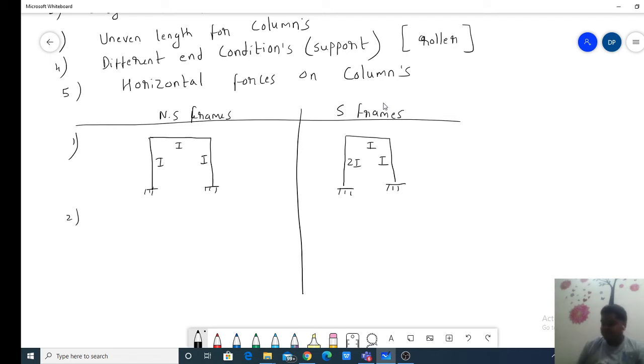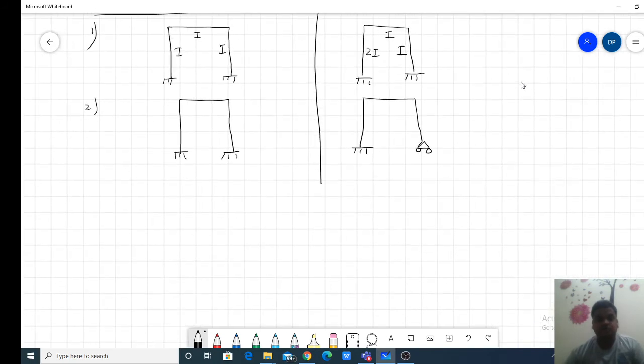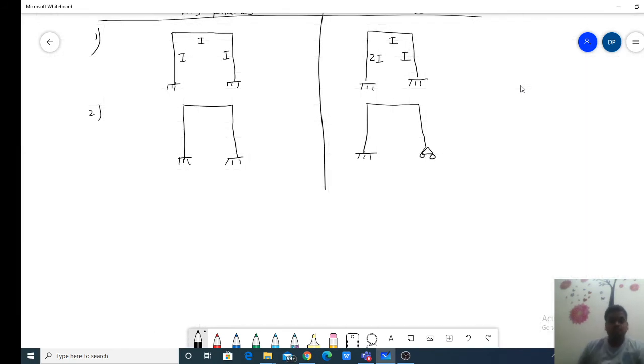Now the second example: the same numerical, both sides hinged, with the I property same for all, comes under non-sway frame. But the same frame, if instead of hinge I have provided roller support, then this comes under sway frames. So these are the things that we need to remember.